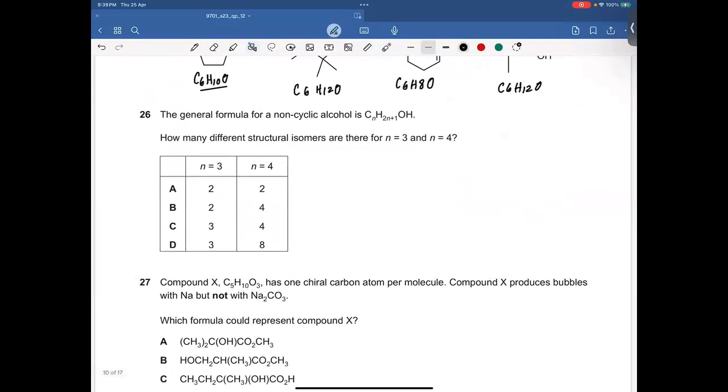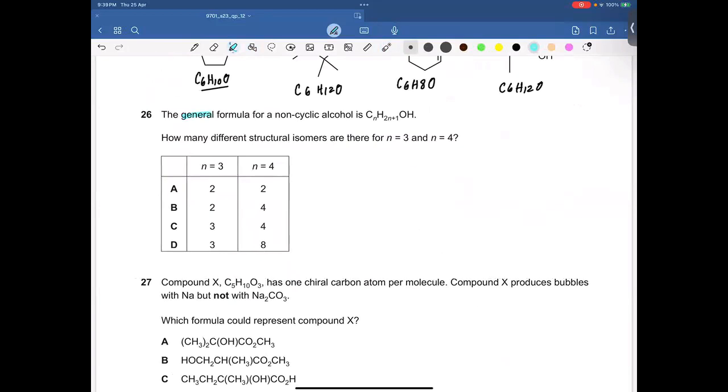Okay. Question number 26. The general formula of a non-cyclic alcohol is this. How many different structural isomers when N is 3, whereas N is 4? When we place N in this formula, when we have 3, I'll get C3H7OH.